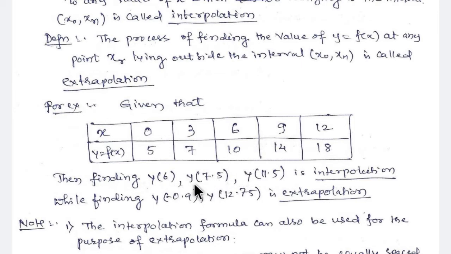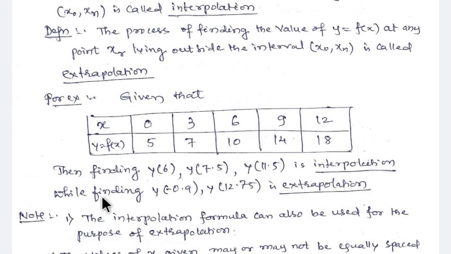You have to find the y value at x equal to 7.5. This is within this table; x lies within this interval 0 to 12, whatever data they gave as x values. Similarly y at 11.5 also lies inside the interval. So finding this type of values is called interpolation.